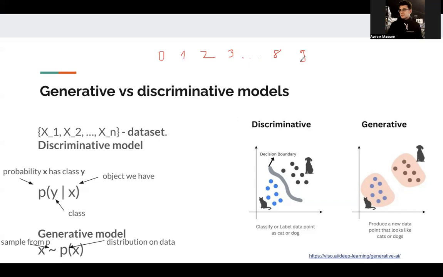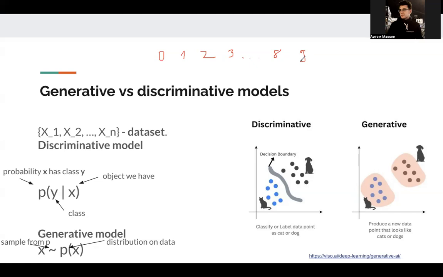And we have a distribution. This means that each object is not uniformly distributed.